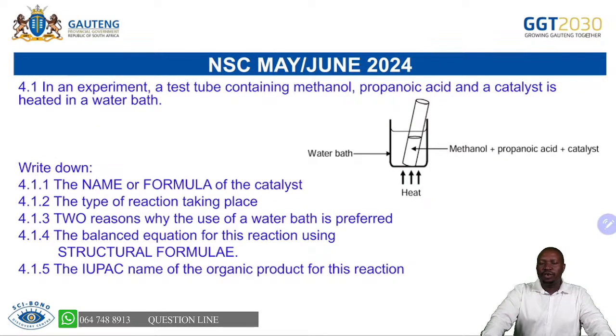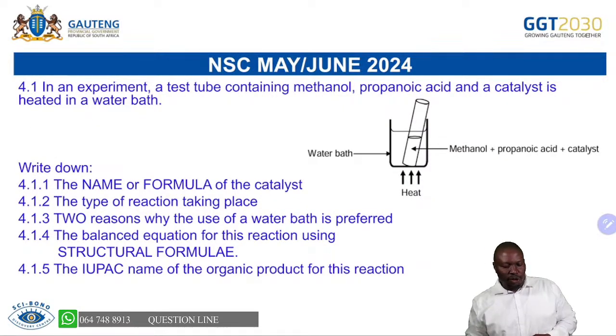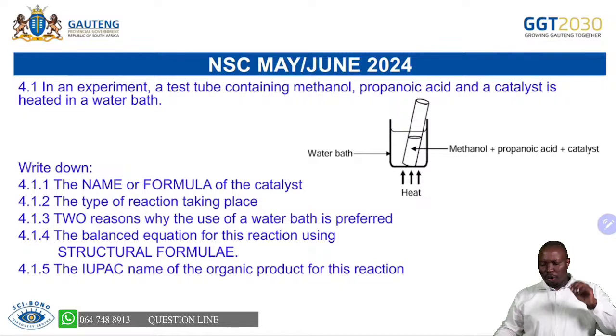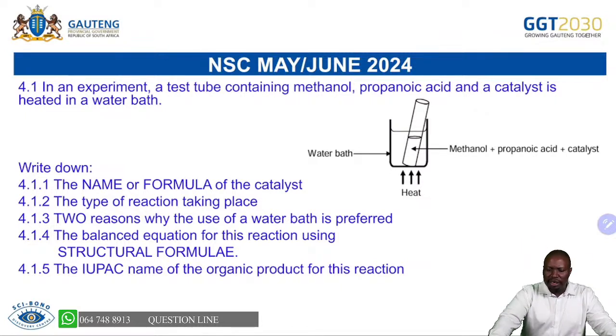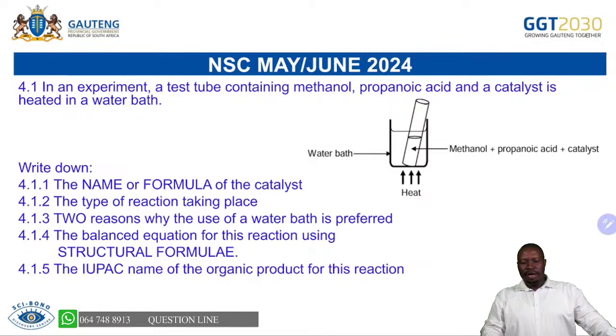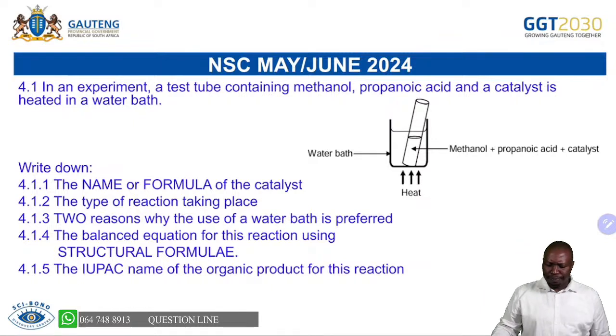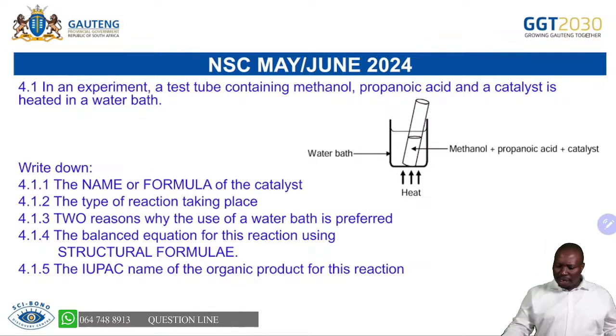Without any wasting of time, let's move. Remember, I told you that today we are focusing on problem solving. We are doing previous question papers, so you can see how these questions are asked. Now, in May, June 2024, you were given in an experiment a test tube containing methanol, propanoic acid, and the catalyst heated in a water bath. Very important to say we are using a water bath there.